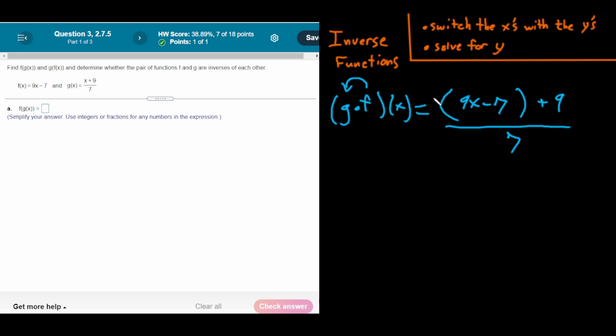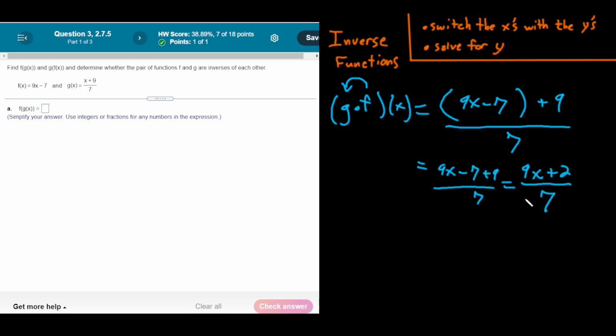So there's nothing outside this parentheses, there's nothing to distribute. So we're just going to have 9x minus 7 plus 9 divided by 7. And if you keep going, add the like terms in the numerator, you're going to have 9x. Then negative 7 plus 9 is positive 2. And this is over 7. Now check this out.